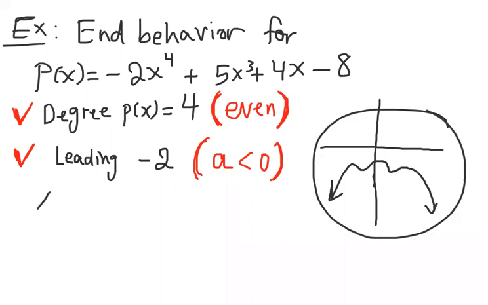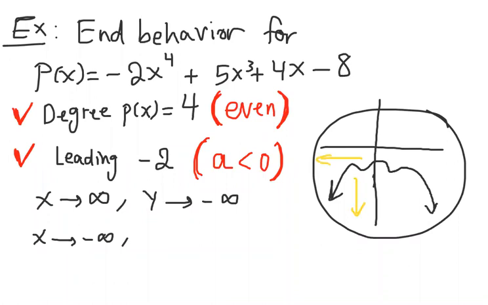This means when x goes to infinity, y goes to minus infinity. This is the first thing. Second, when x goes to minus infinity, from the graph, all the elements when x goes to minus infinity look like here: y goes to minus infinity.